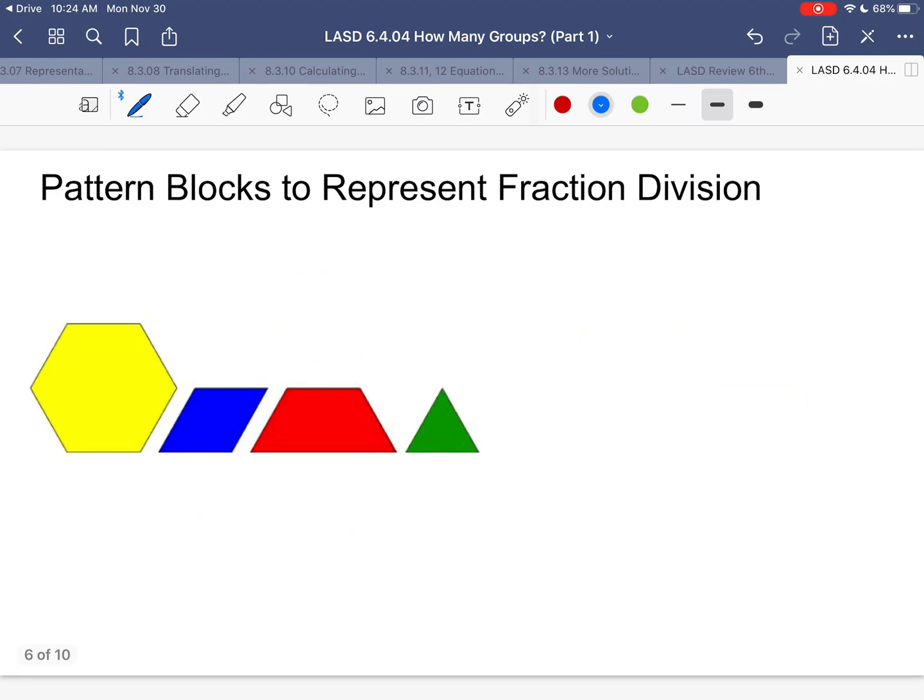We can also use pattern blocks to represent these. So this hexagon here, the yellow one on the left hand side, is used to represent one whole, and the red one would fit in like this into the hexagon. The red trapezoid represents 1/2. 2 of these would fit into the hexagon, and then the parallelogram here, 3 of them would fit in like this.